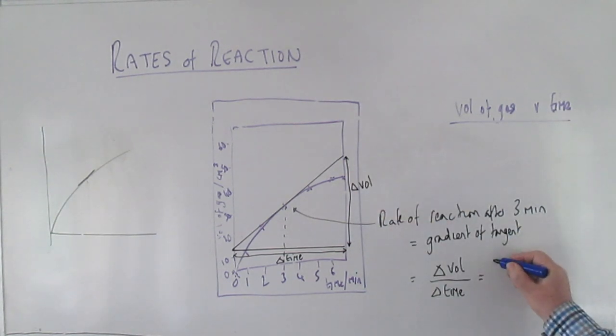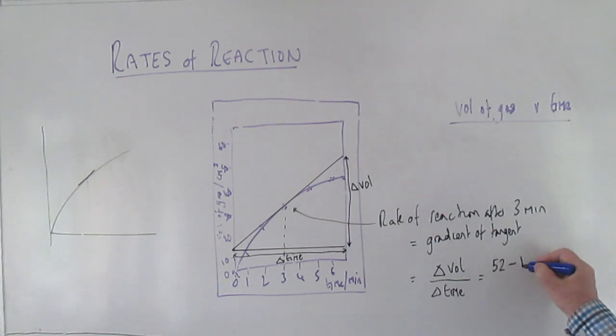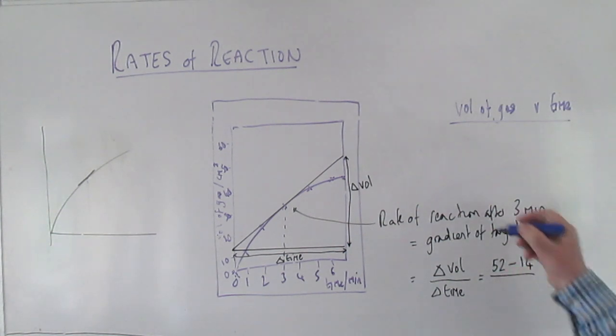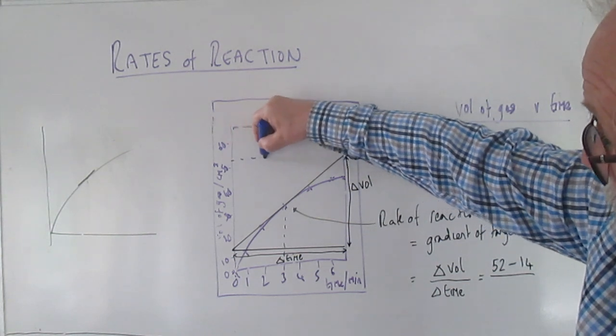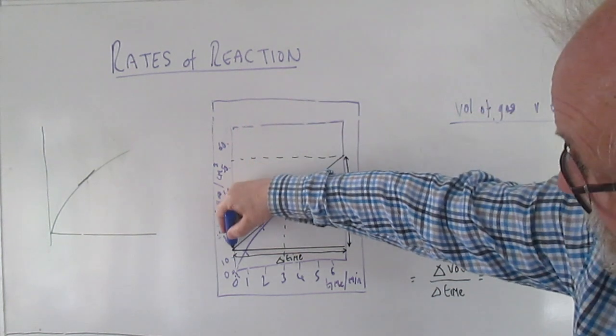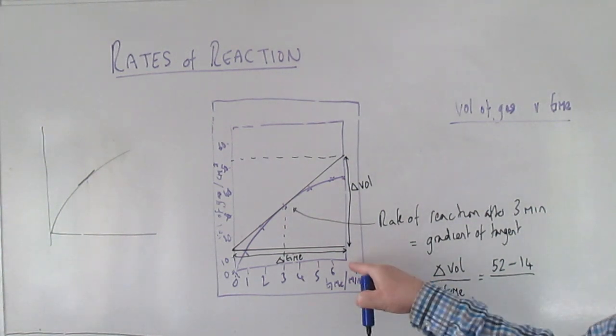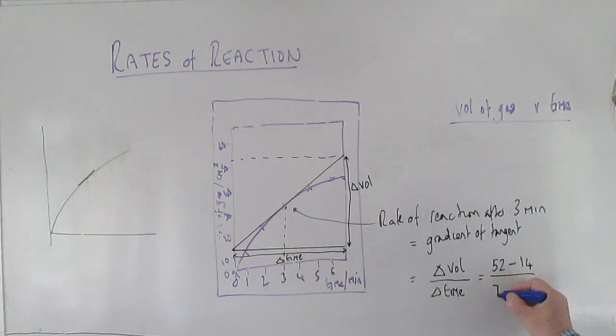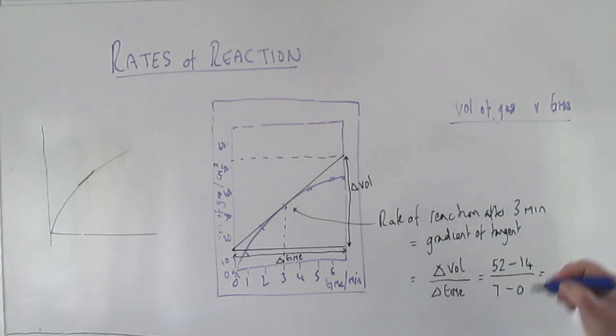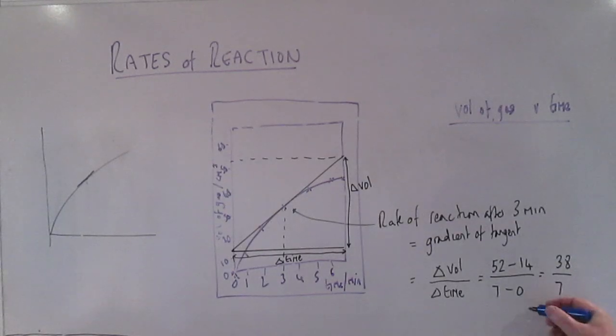So let's say that's 52 minus 14 is the change in volume. That's 52 there and it's 14 there, and the change in time is 7 minus 0. And the advantage of that is that you're less likely to make slips. So that's 38 over 7, and that comes to 5.4.